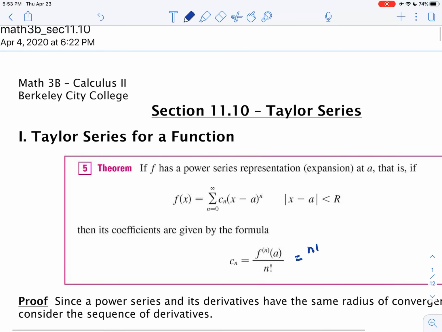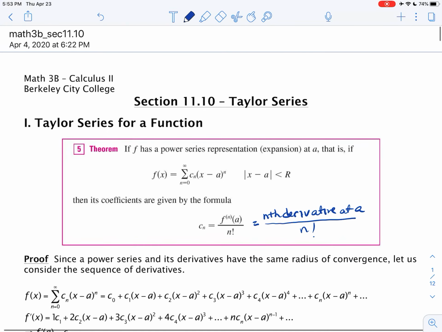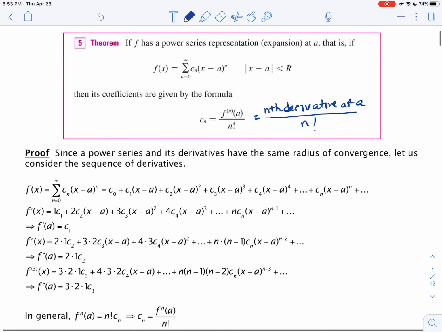So let me just clarify this notation: here is the nth derivative at a over n factorial. Good.